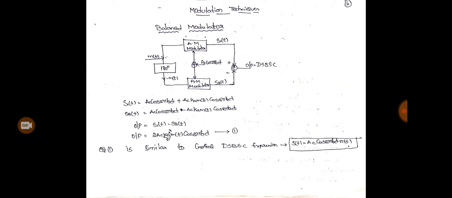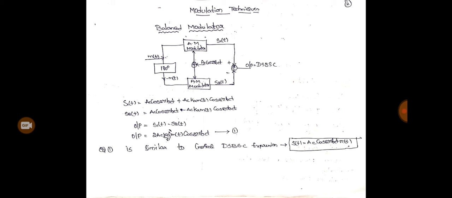Here m of t is negative due to the 180 degree phase shift. These two terms will be subtracted, so we will get the DSB signal at the output. So the output will be s1 of t minus s2 of t, which is equal to 2 Ac Ka m of t cos 2 pi fct. We are normalizing the Ka value to 1, where Ka is the amplitude sensitivity. Already we know that.